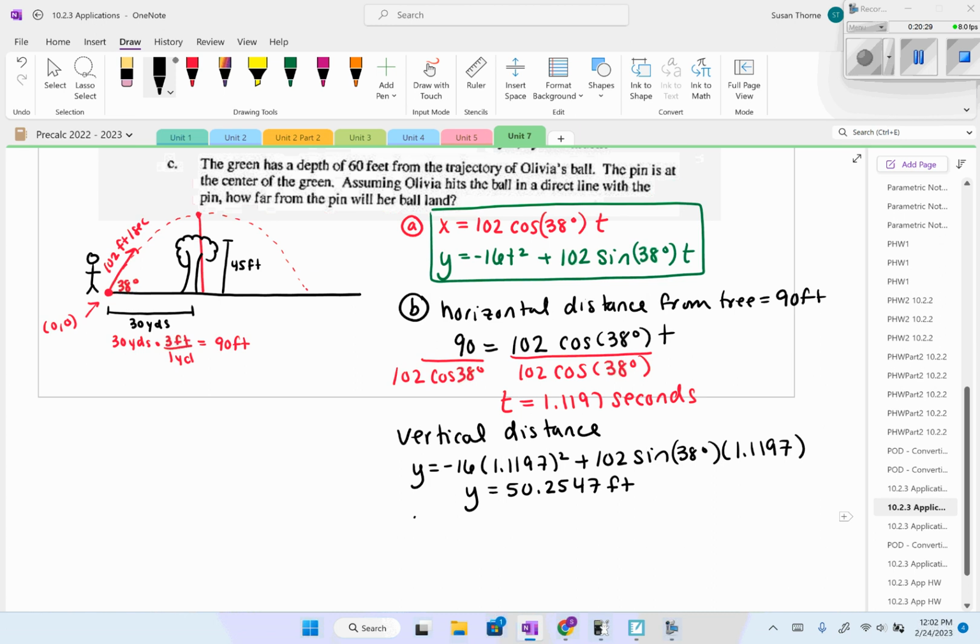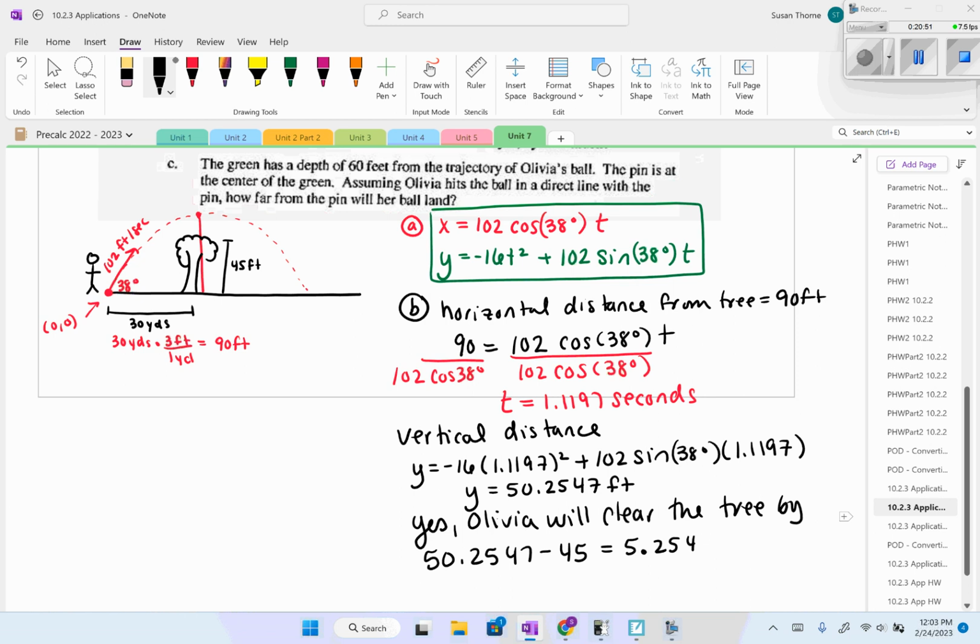So for this, yes, Olivia will clear the tree by 50.2547 minus 45, so by 5.2547 feet.